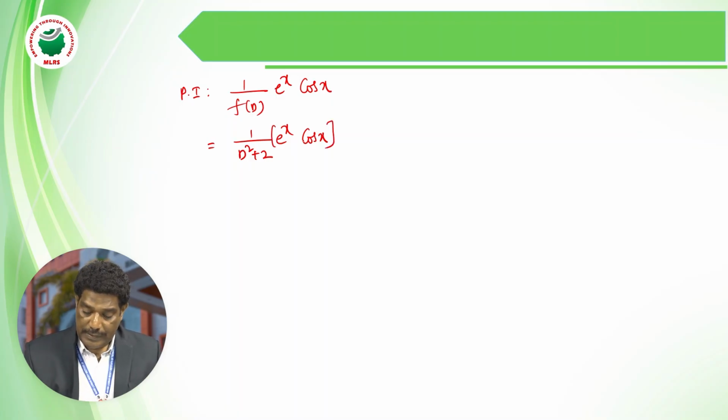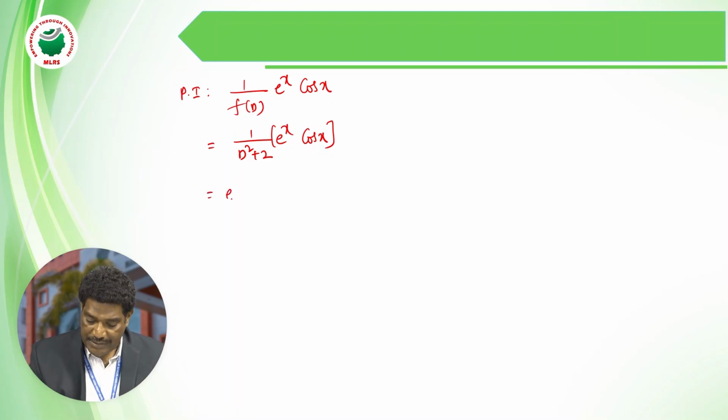Here we can observe this will be in the form of type 4 model function, and we already know the type 4 working rule. In this, we need to shift the exponential term outside while replacing D by D plus a, that means here D plus 1.